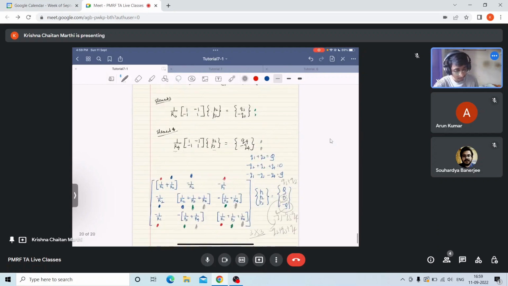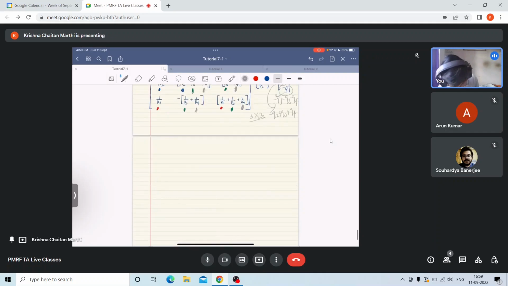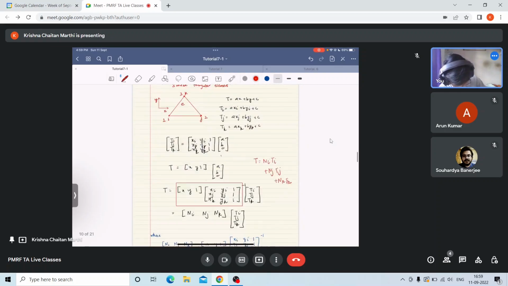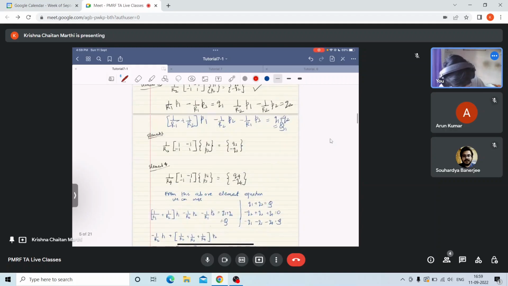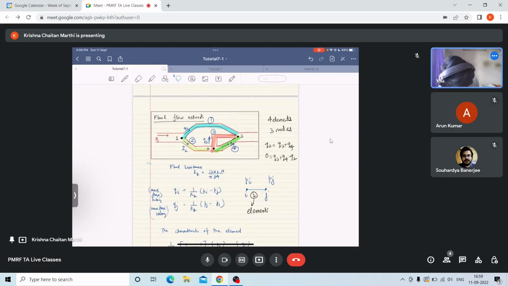So by solving this matrix I can get the values of pressure for my pipe flow system. Let us say this is my pipe flow system.